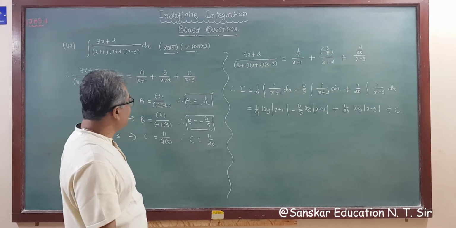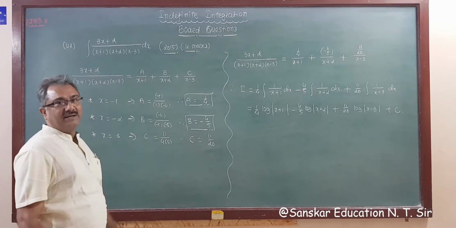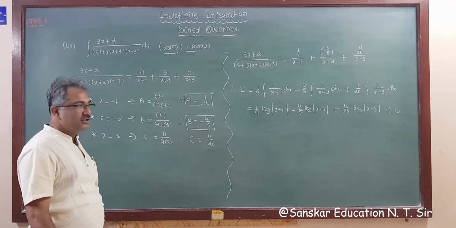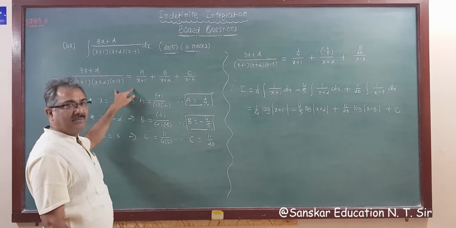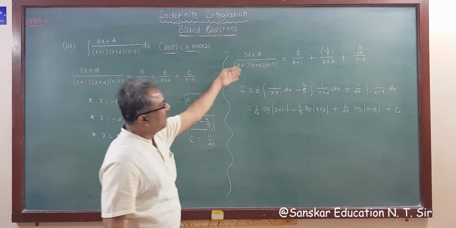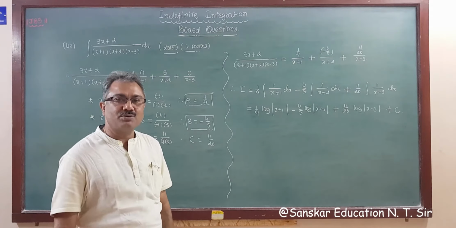If you don't use the partial fraction method and instead multiply, you will get a dangerous form. So for the proper method there is 1 mark, another 1 mark, and after calculation you will get 2 marks. That is the distribution of marks also.